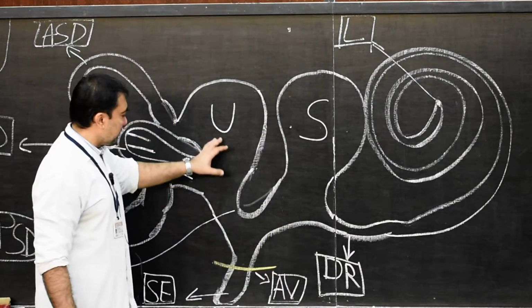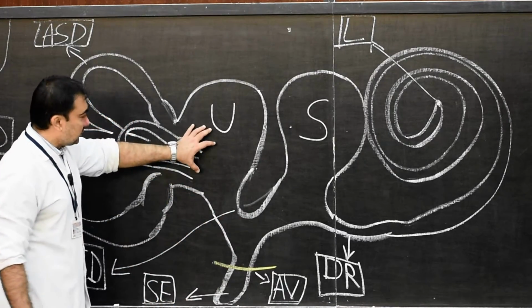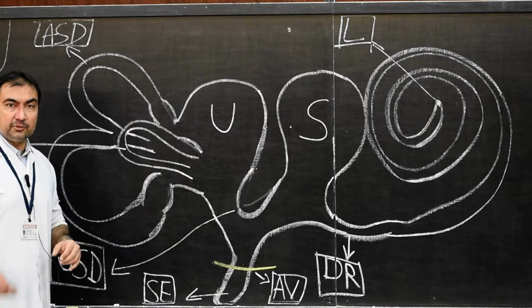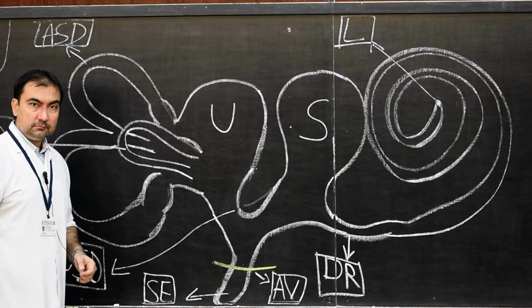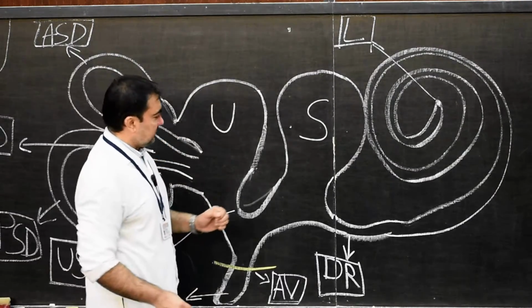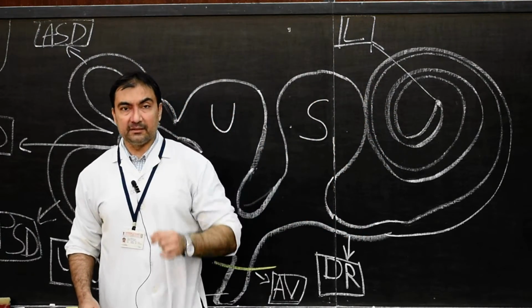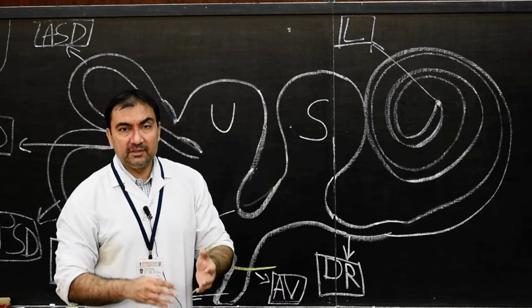Saccule will communicate with utricle through utriculosaccular duct, and utricle will receive posteriorly the three semicircular ducts through how many openings? 5 openings. Therefore, this entire structure, this which we have drawn, is membranous labyrinth. Now, surrounding membranous labyrinth, yesterday we have discussed bony labyrinth.